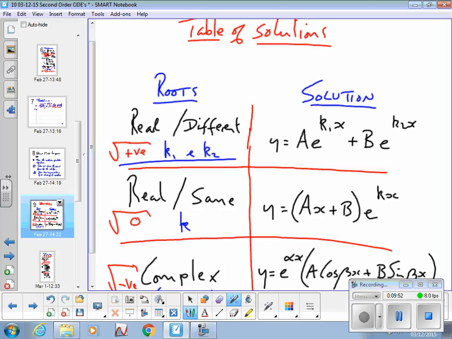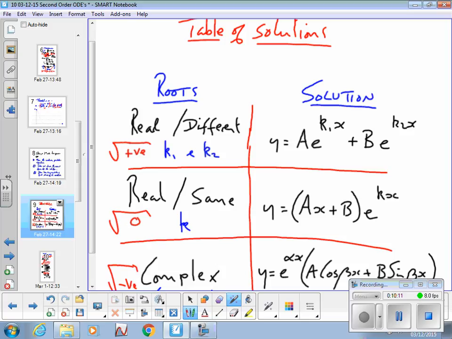So I've got 2 separate values for k1 and k2, 2 real numbers. That means the solution has the form y equals a e to the k1 x plus b e to the k2 x. That's what our solution looks like.